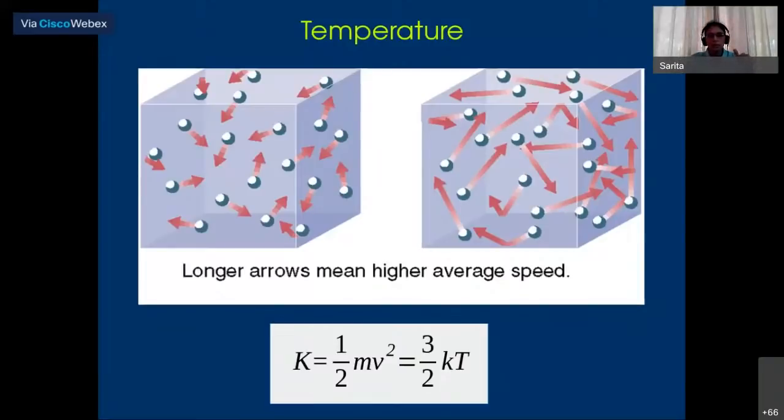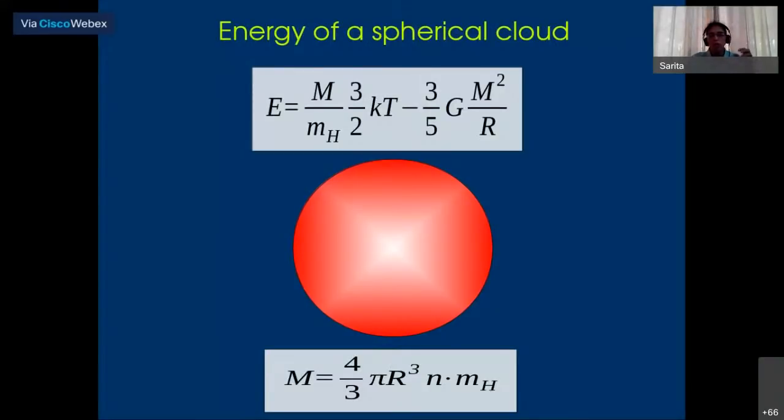I'll just look at the energy of the cloud because of gravitation and because of the thermal effects. So the potential energy I can write in this form, 3/5 GM²/R, and the kinetic energy I can write in this form.